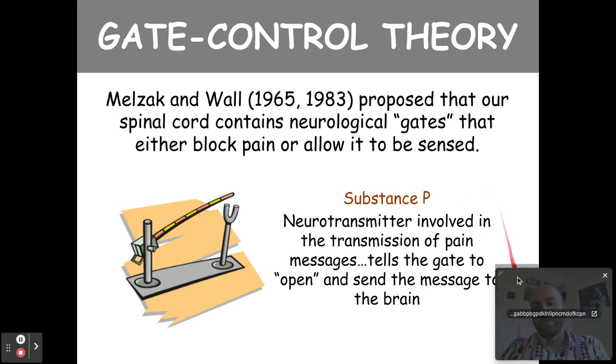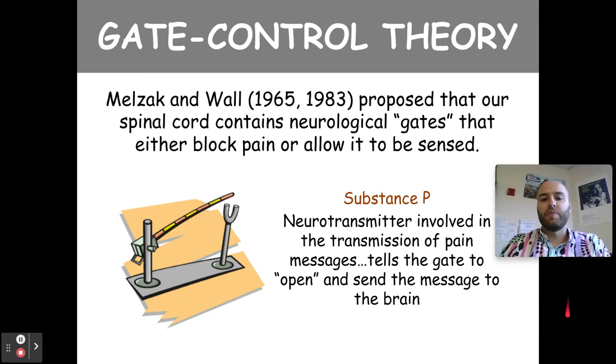In addition to that, there's a theory of pain that has kind of become the leading theory on how we actually experience pain, and it's something called the gate control theory. Psychologists Melzack and Wall propose that our spinal cord contains these neurological gates that can swing open to allow pain sensations to go to the brain, or close and block those pain sensations.